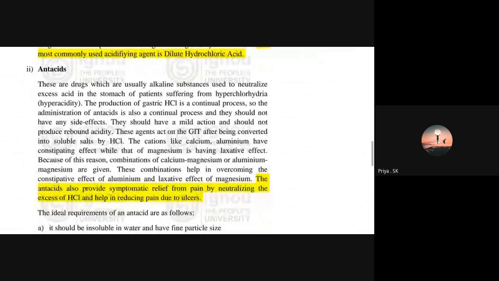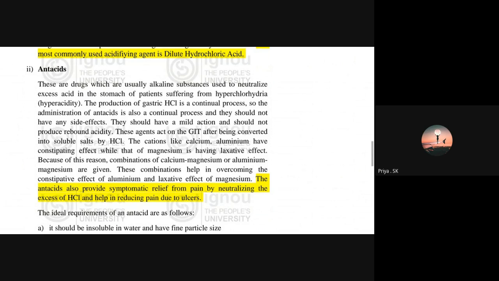Then there are antacids. You must have heard of antacids. If there is excess production of hydrochloric acid or hyperchloridia, then the antacids can be used, and the antacids also provide symptomatic relief from pain by neutralizing the excess of hydrochloric acid and help in reducing pain due to ulcer.